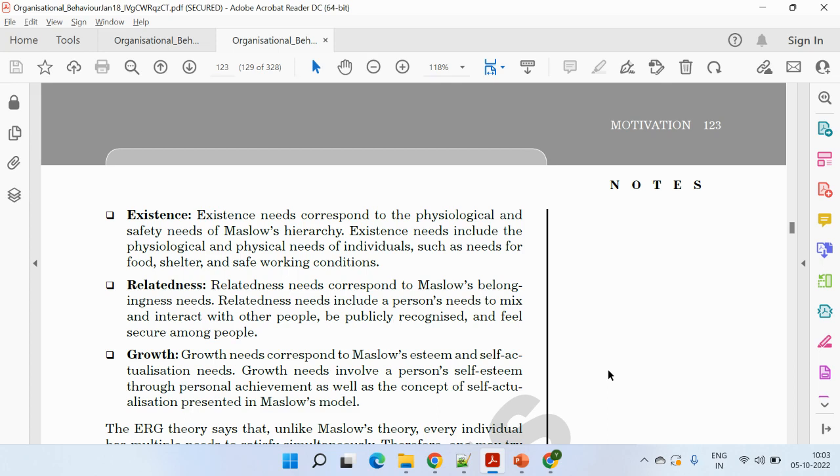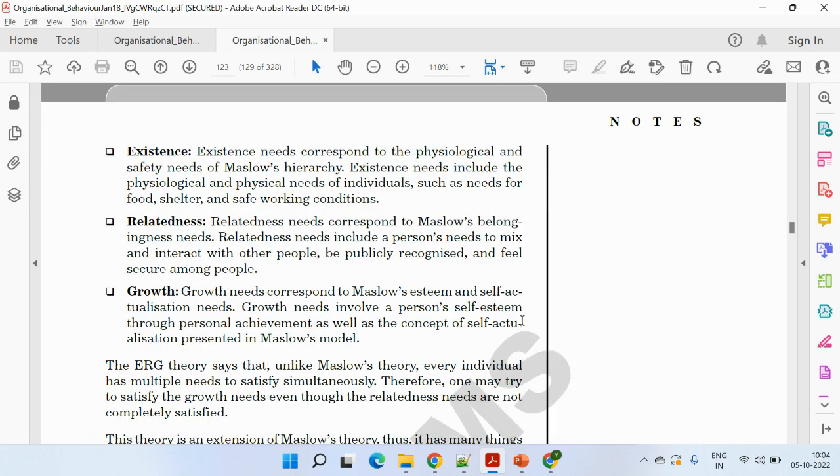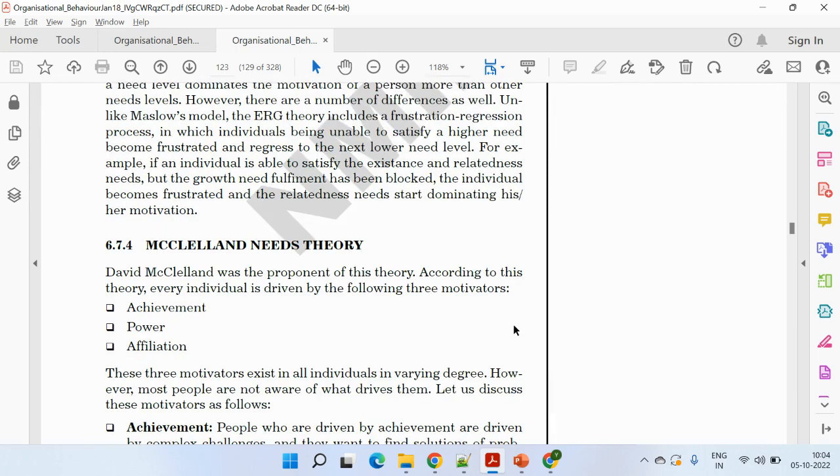And the third part is growth. Growth involves people's self-esteem and personal achievement for self-actualization. So if you see, this is quite relatable to the very first one, Maslow's theory. Existence has already happened in the case of Renita, relatedness is the mid level, and growth is the final level she wants to achieve. So ERG theory can be related to Renita Parker's case.